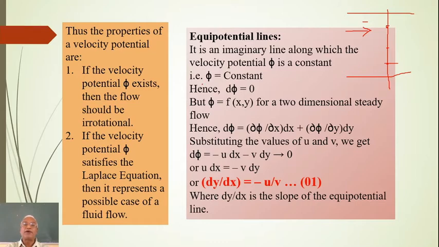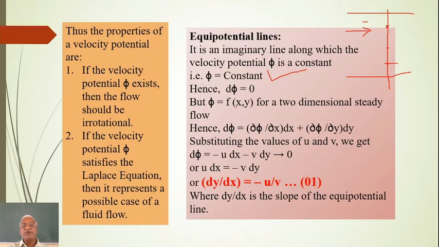That is what phi equal to constant means: for all these points phi is the same. So it is an imaginary line along which the velocity potential phi is constant, that is to say phi equals a constant. Hence the differentiation of phi will be equal to 0.